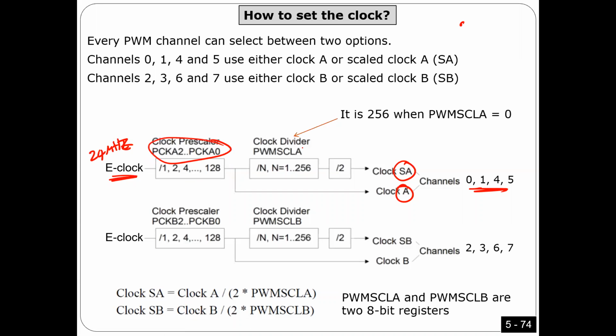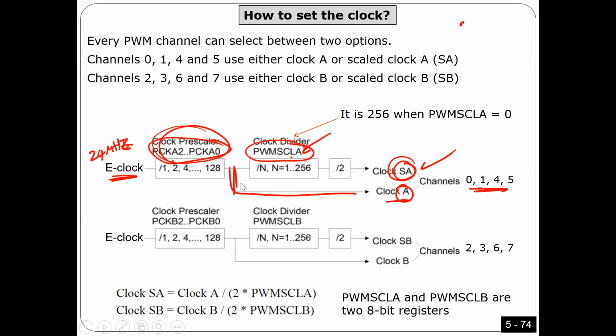If you divide it by prescale, you get clock A. However, if you divide it more by another register, called pulse width modulation scale A, and then divide by 2, you get scaled A. So 24 megahertz is divided by prescale, which is a value you can select: 1, 2, 4, whatever you want.